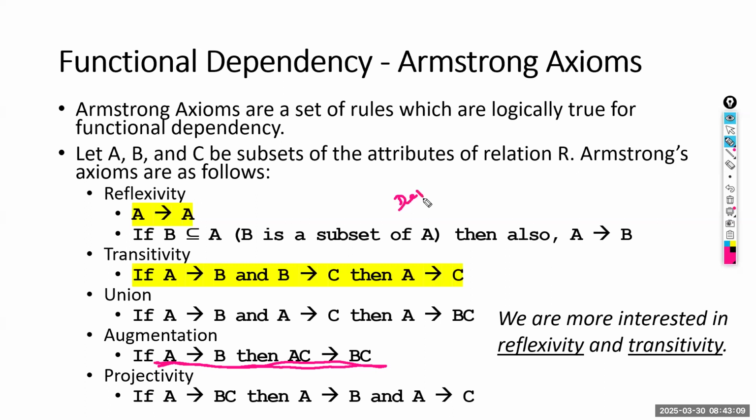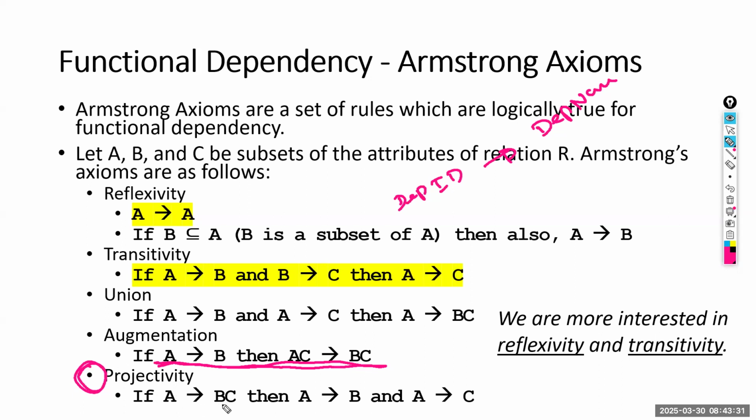Say department ID determines department name. So then department ID comma manager ID determines department name comma manager ID. So that is called augmentation. The final one is projectivity.